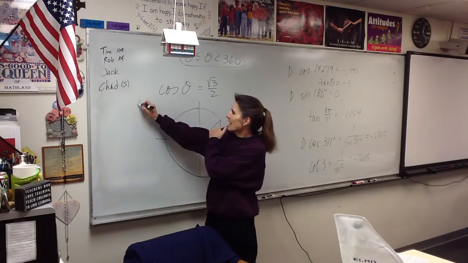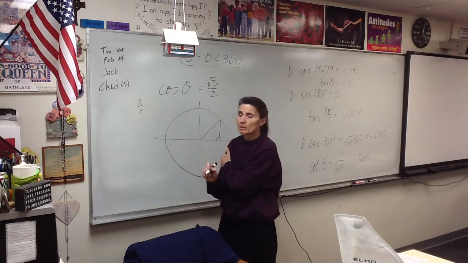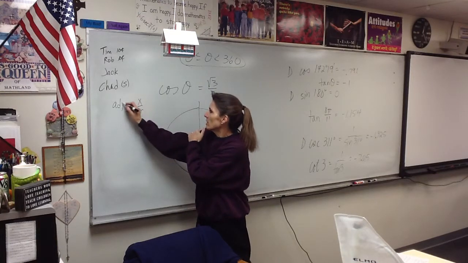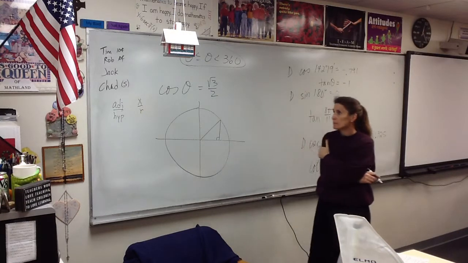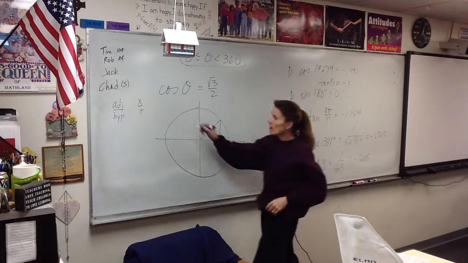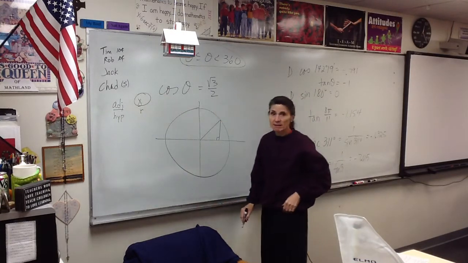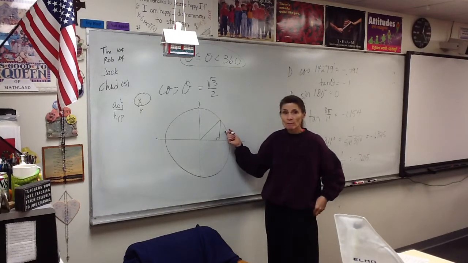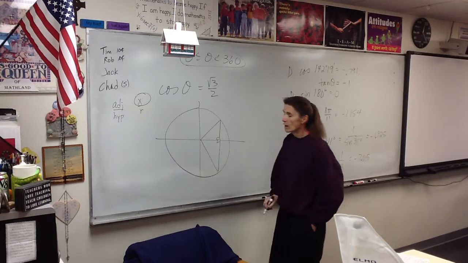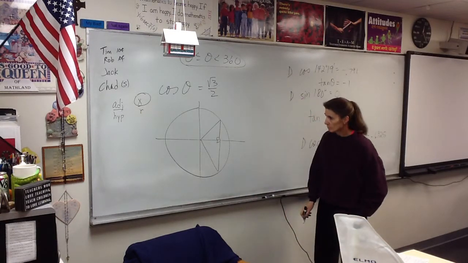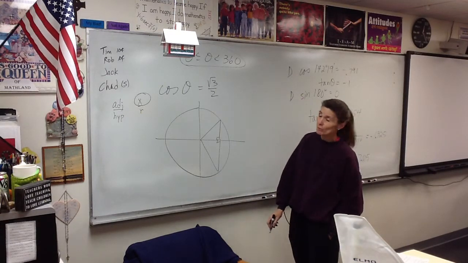Cosine is x over r, or adjacent over hypotenuse. The cosine is going to be positive anywhere that x is positive. So not only are we going to be positive in quadrant 1, we're also going to be positive in quadrant 4. Now my picture's not too great.